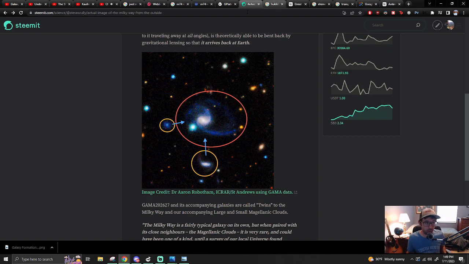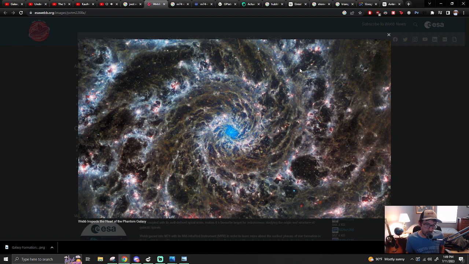Okay, so these chambers, according to interpretation, are produced by supernovas pushing out the boundaries.